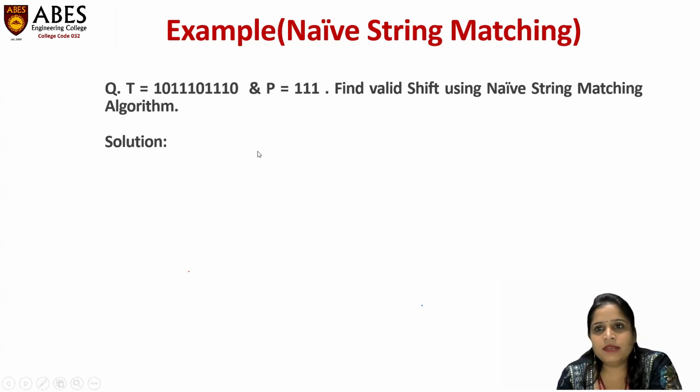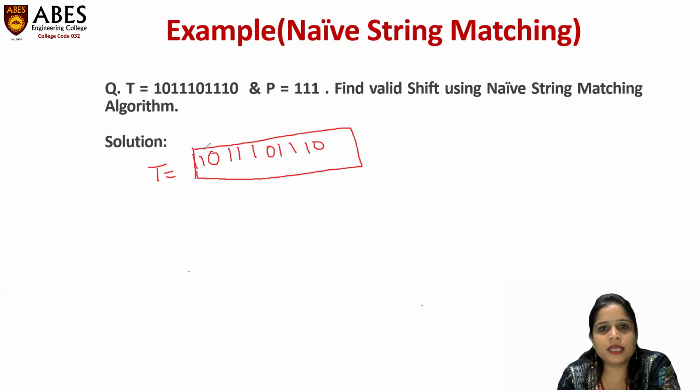In the naive string matching algorithm, we are given a text array and a pattern. Here we are given a text array T, and its value is 1 0 1 1 1 0 1 1 1 0. This is the given text array.